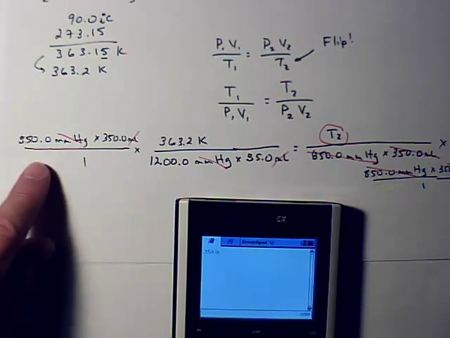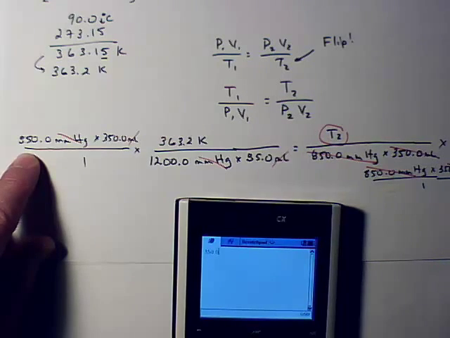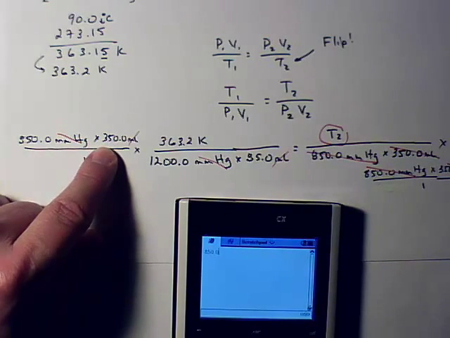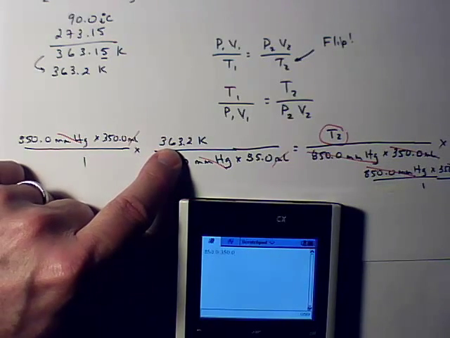850.0. I'm sorry, that's 850, isn't it? 850.0. Gosh, hit the wrong button again. Times 350. Times 363.2. Hit enter.